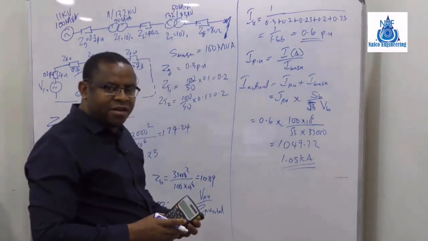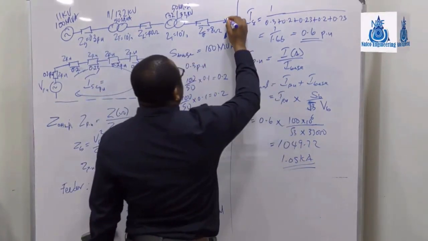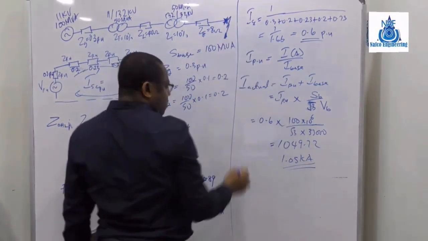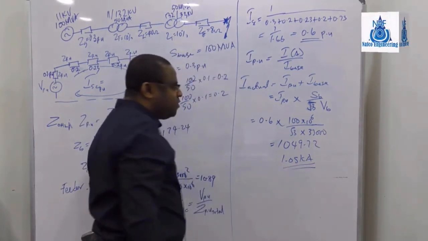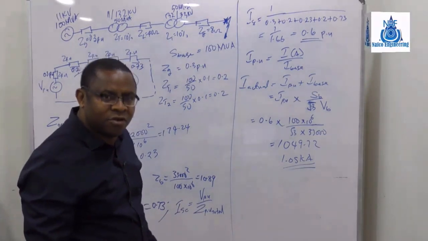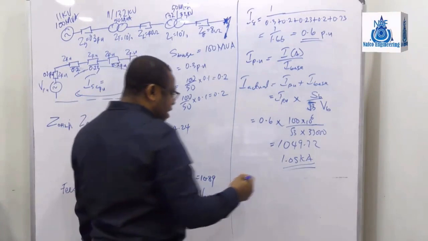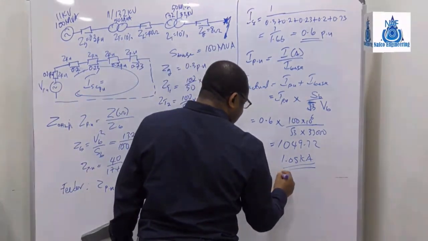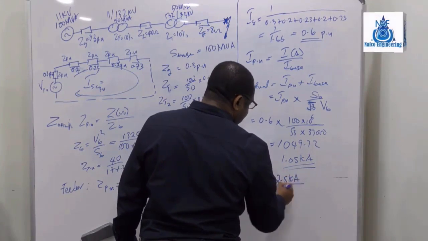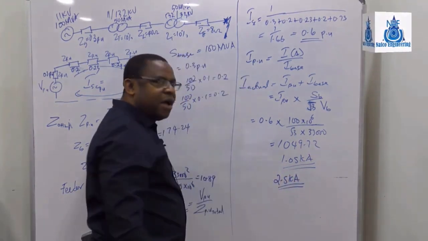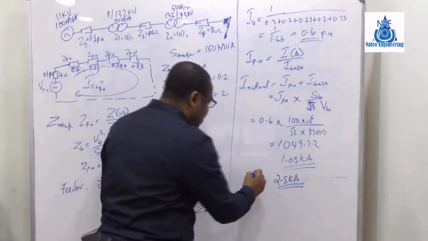So the circuit breaker rating there that we are going to put here will be more than 1.05. So you go to the market and check the nearest kA rating. The nearest kA rating is 2.5 kA.